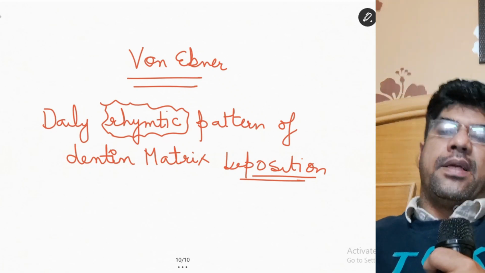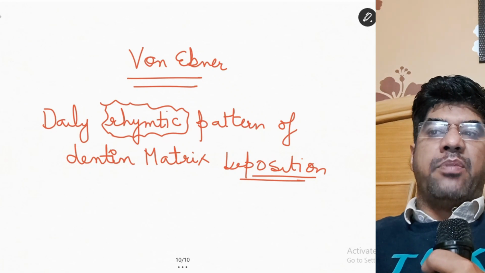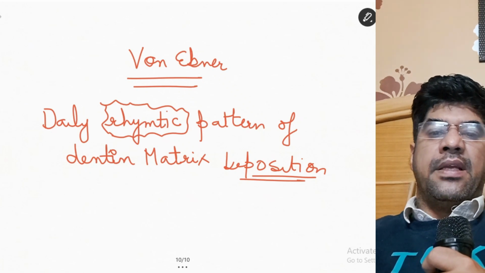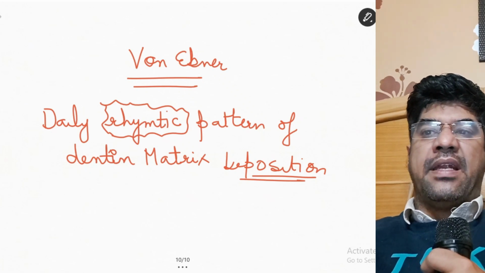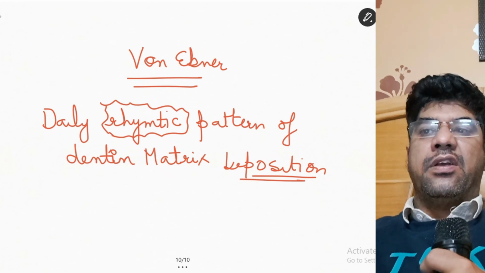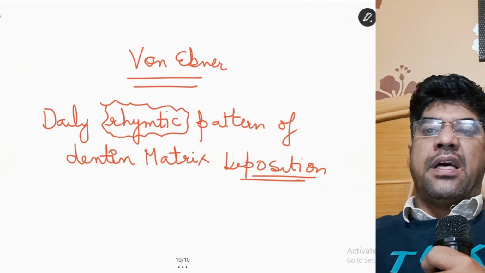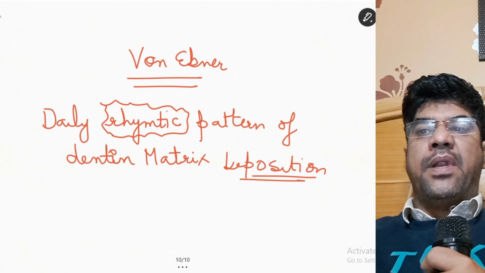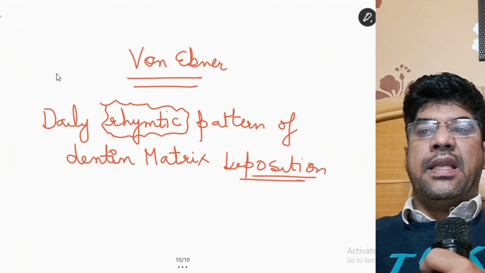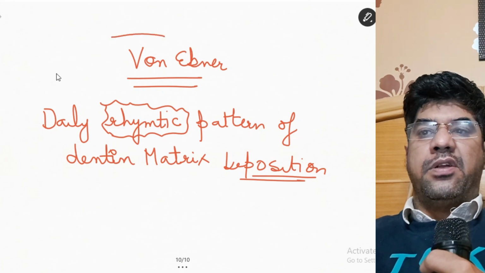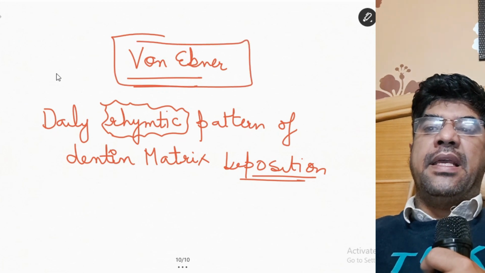As you know, dentin formation is a rhythmic process. So there are alternate periods of activity and inactivity. These phases are represented in the fully formed dentin as incremental lines. That represents the daily rhythmic pattern of the dentin matrix.